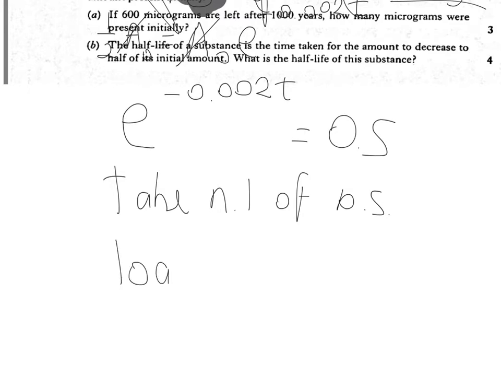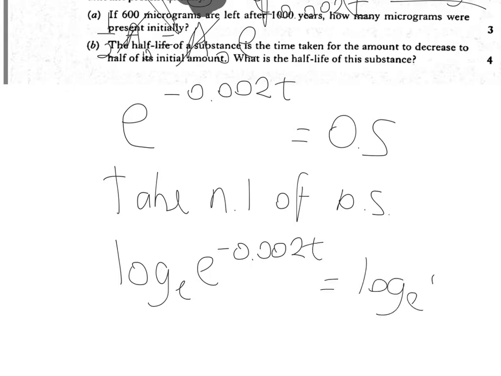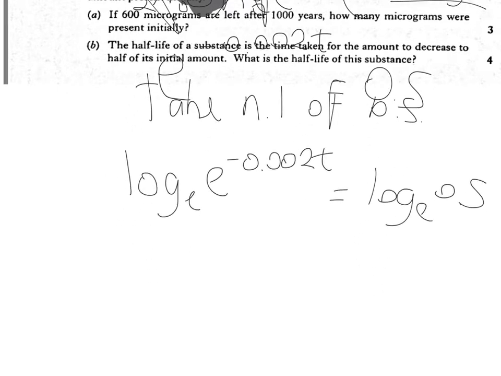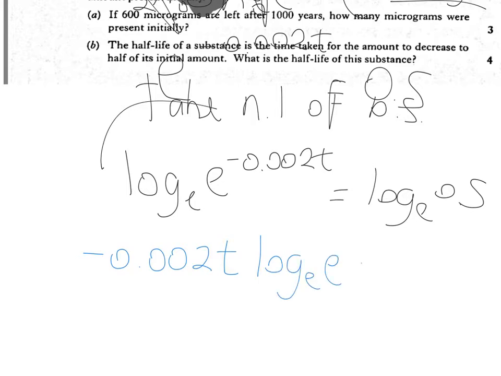So that's log to the base e of e to the minus 0.002t is equal to log to the base e of 0.5. We're then going to use law 3, which is to bring that power down, and that will be minus 0.002t log to the base e of e is equal to log to the base e of 0.5.